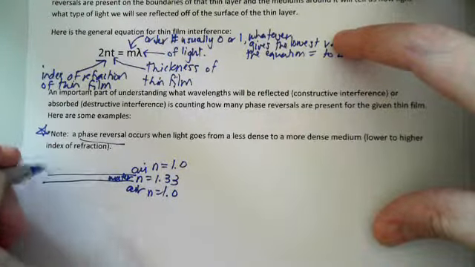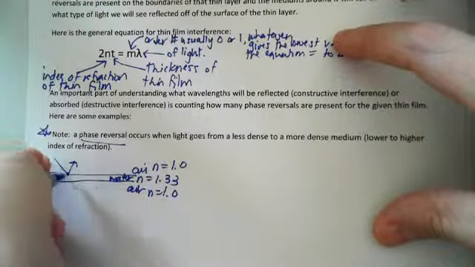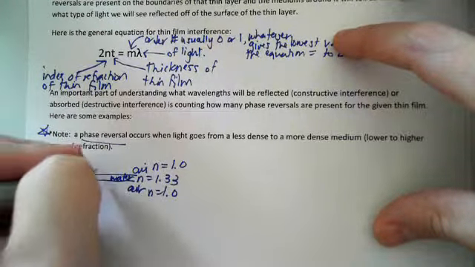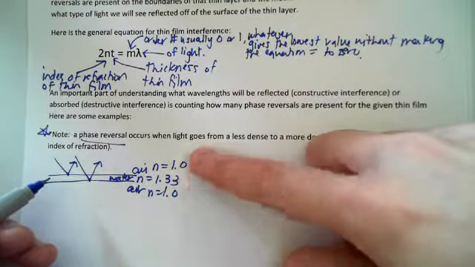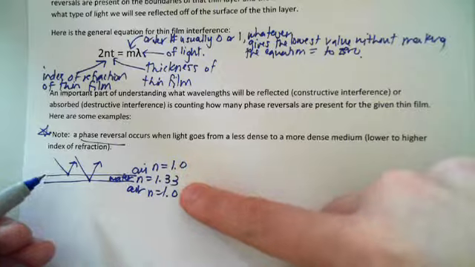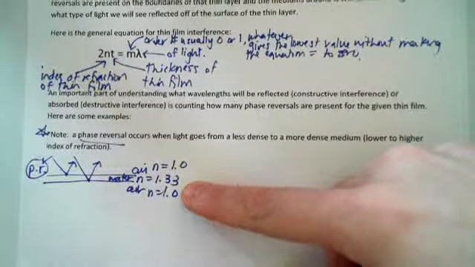Then let's talk about how many phase reversals we have. So you're going to have light reflected off the top. That's a boundary. And then you're also going to have light reflected off of the bottom of the thin film. That's another boundary. So let's see. The first one, we're going from N equal to 1 to N equal to 1.33. Is that a phase reversal? Are we going from lower to higher? Yes, we are. Ding, ding, ding. Phase reversal. Okay.